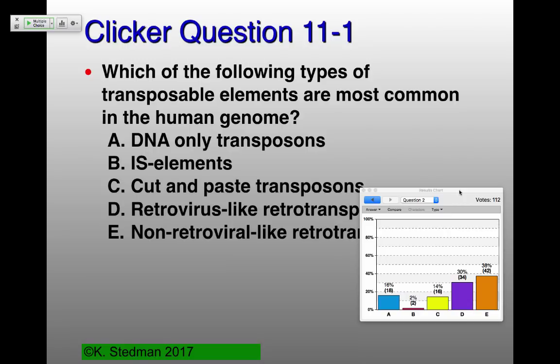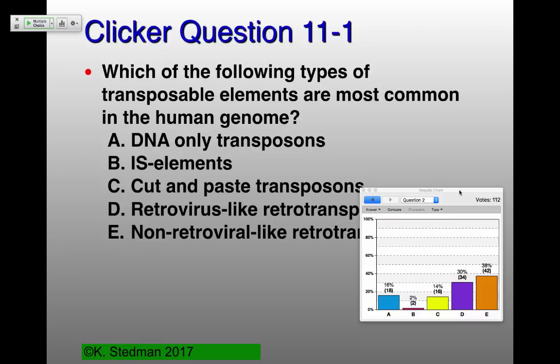Why particularly retrotransposons? Because they replicate. They're going to be making more of themselves each time they jump. So you're going to accumulate them in genomes, as opposed to the cut and paste and the DNA-only transposons.